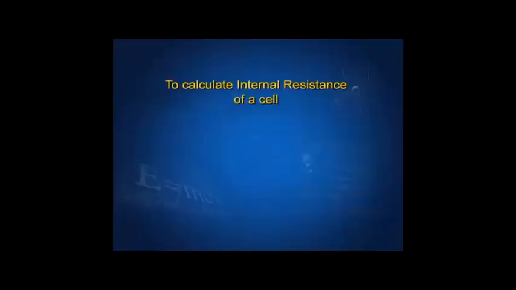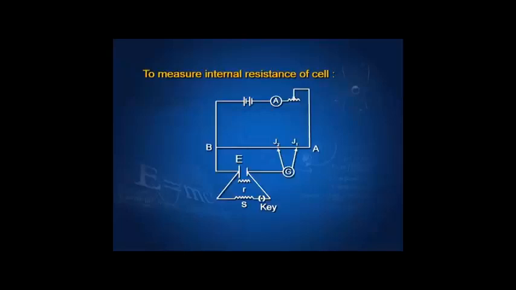Now, there is another experiment in the physics lab which is used to calculate the internal resistance of a cell using a potentiometer. Here is a diagram for measuring it. The cell whose internal resistance is measured is connected with the positive terminal at point B of the potentiometer, and a series resistance S is connected with the key.